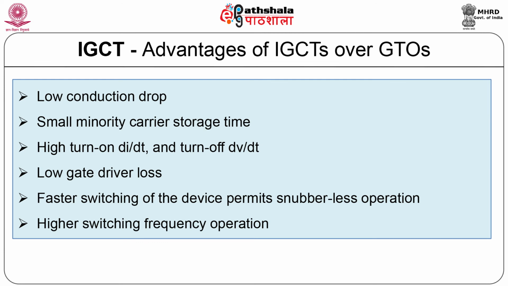Advantages of IGCT over GTOs are listed here: low conduction drop, high turn on di by dt and turn off dv by dt, low gate driver loss, faster switching. Because of that, it will permit snubberless operation and a higher switching frequency of operation than GTO.